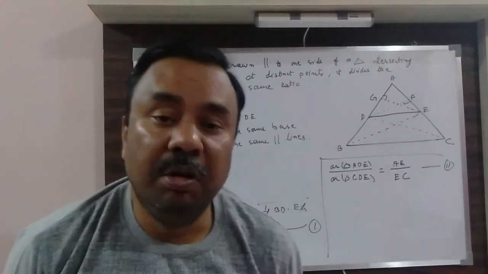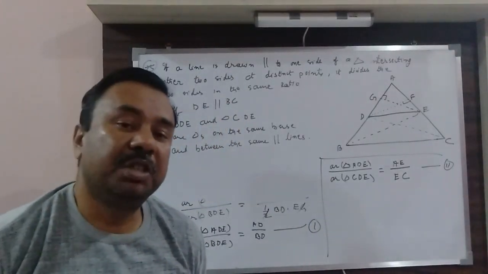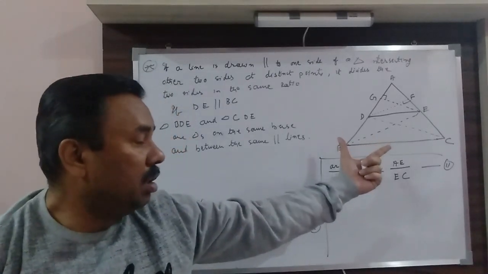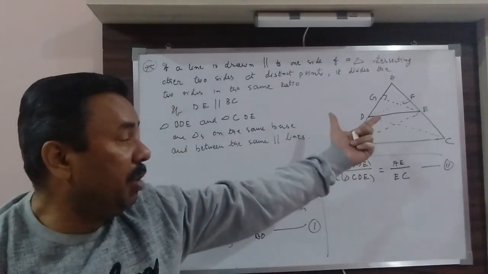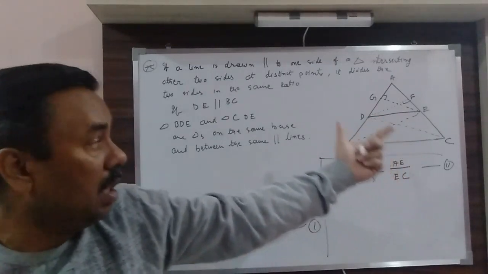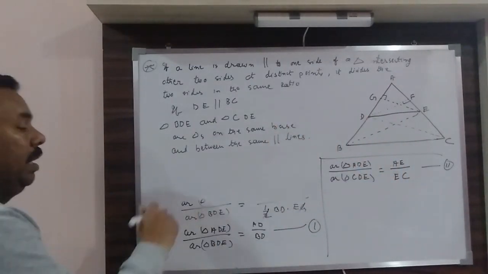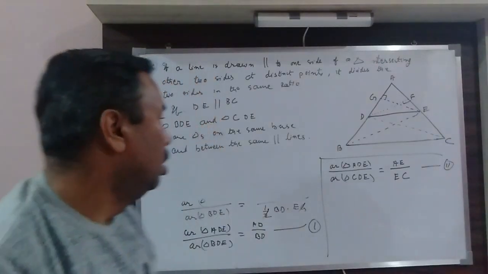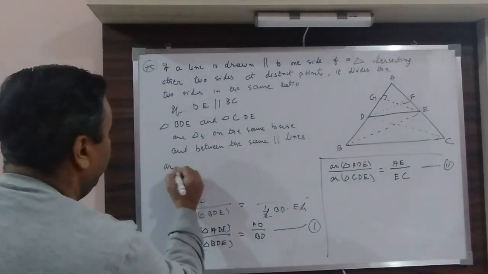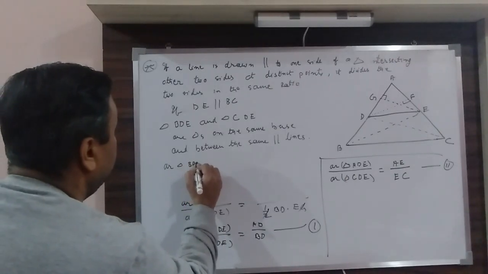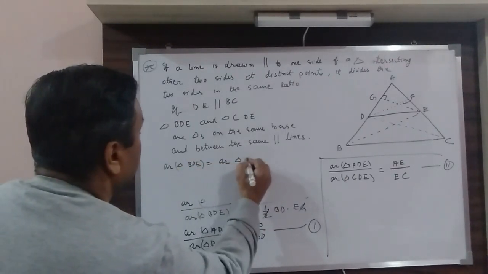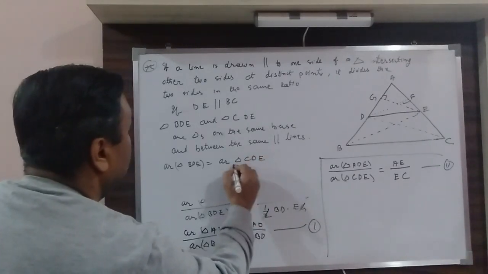And just remember what you have studied in your previous classes: triangles on the same base and between the same parallel lines have equal areas. So the area of triangle BDE is equal to the area of triangle CDE.